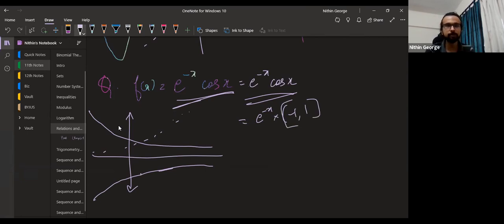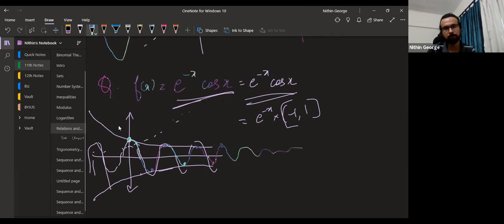So how does cos x go? Cos x, you already know, starts from 1 and then goes like this. Cos x is between -1 and 1. Now, our graph here, what we're looking for, we'll start from 1, hit minus e power x, become 1, become -1, become 1, become -1, become 1.